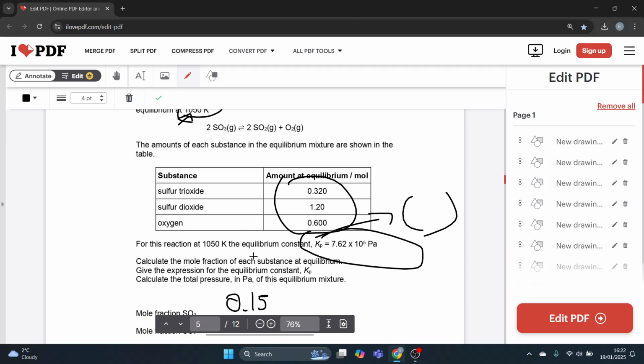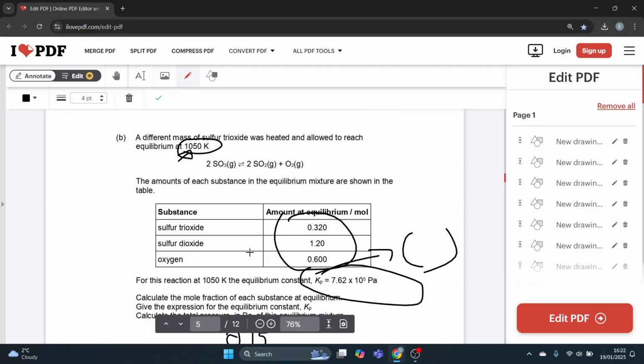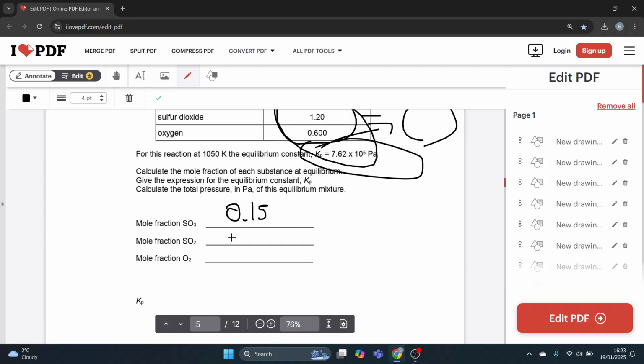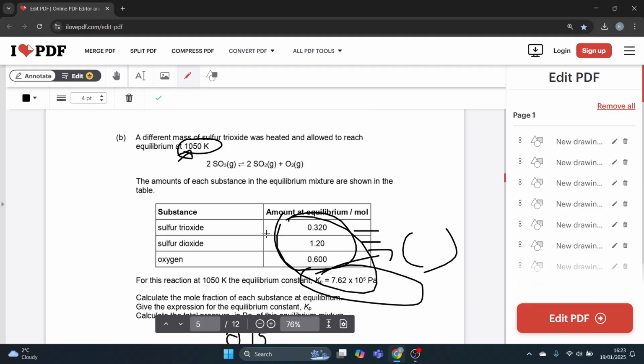Sulfur dioxide: 1.20 divided by 1.20 plus 0.320 plus 0.600, which is 0.57 to 2 decimal places. It'd actually be easier to work out the total number of moles instead of adding them each time, but it's fine. And oxygen is the equilibrium moles, 0.600, divided by 0.600 plus 1.20 plus 0.320, which is 0.28.